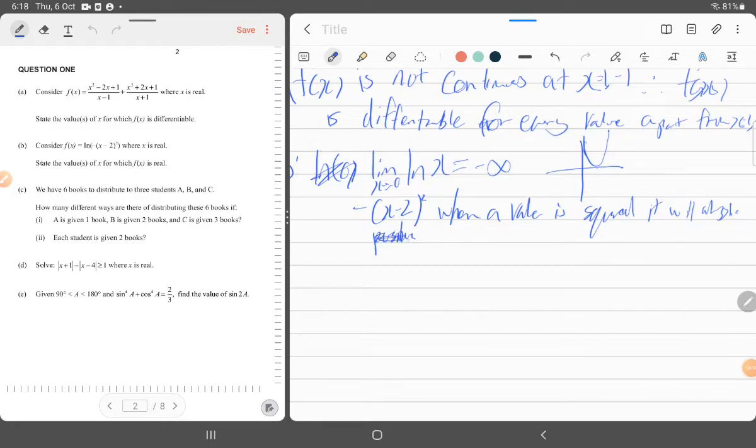I shouldn't say positive, greater than or equal to 0.